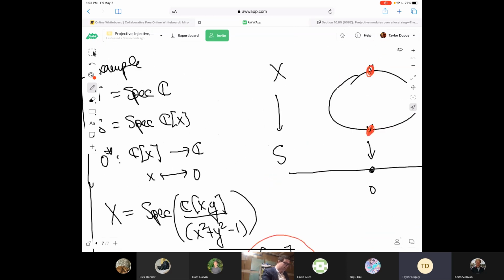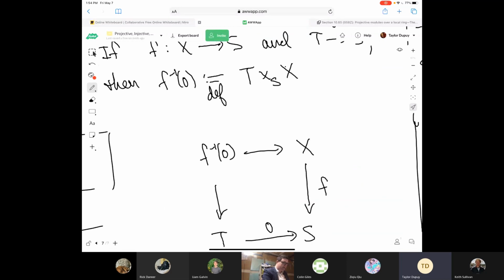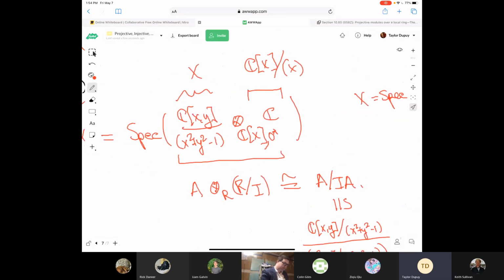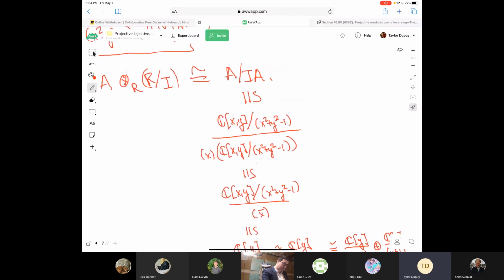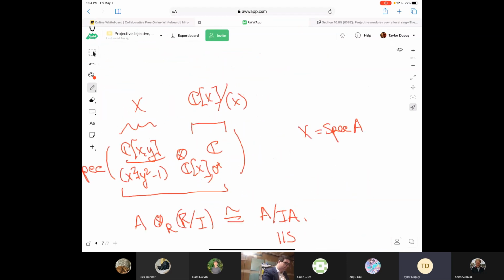In terms of schemes, we define the fiber of a map to be the fiber product here. To compute it, you do all this tensor product stuff, and we broke things down using the Chinese remainder theorem. And we can see that the thing we get is the two fibers. Pretty cool, huh?